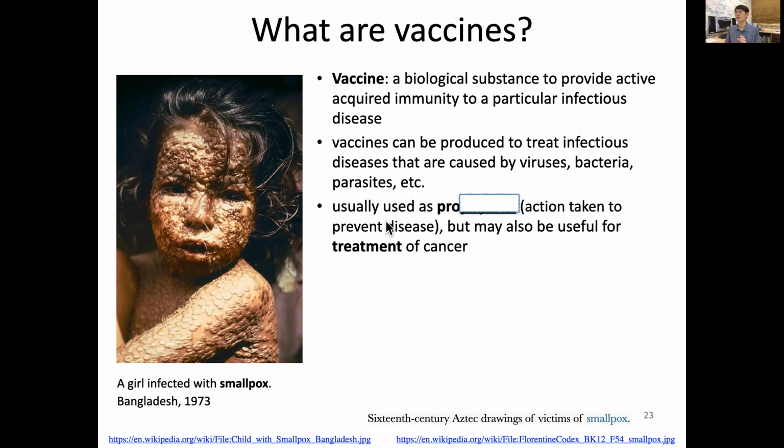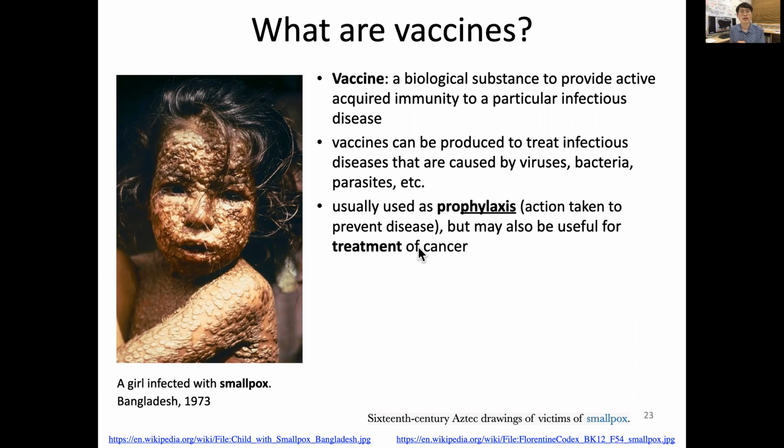And vaccines are usually used as a preventive measure. We call it prophylaxis. Prophylaxis means prevention, so action taken to prevent the disease. And vaccines could also be useful for treatment of some types of cancer.